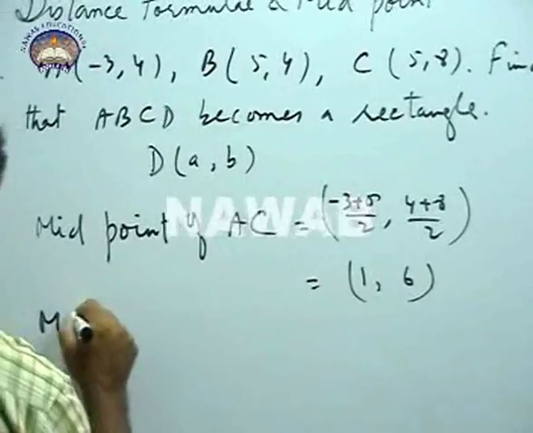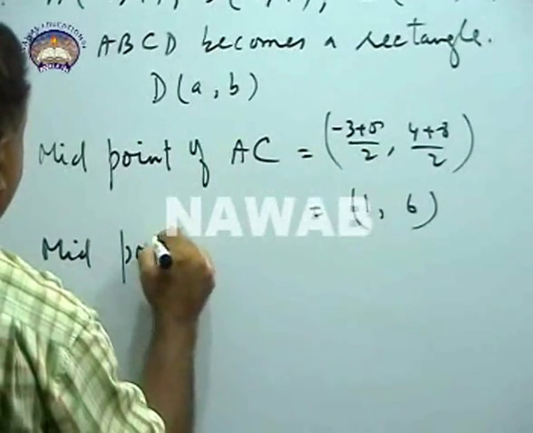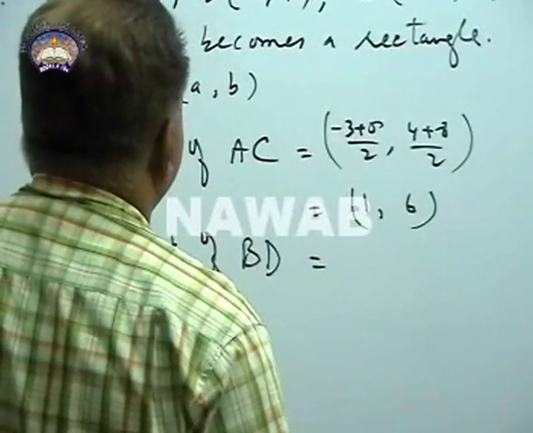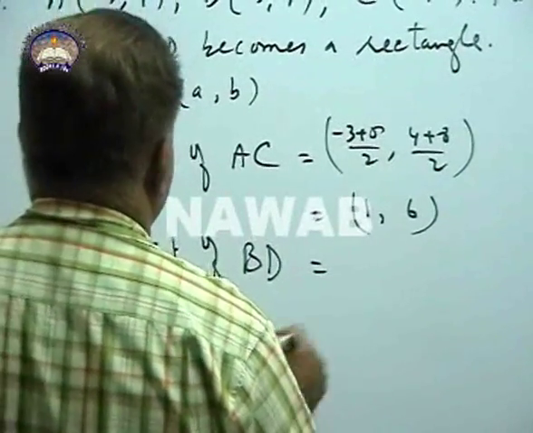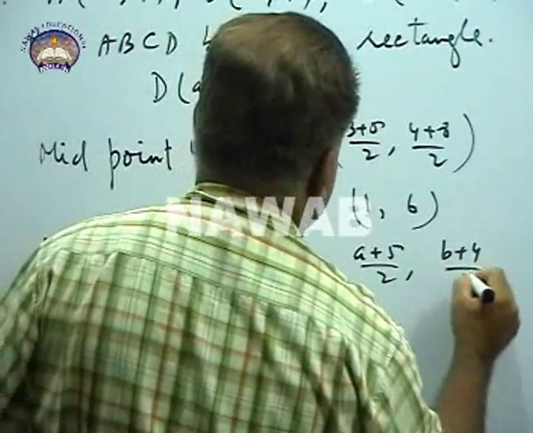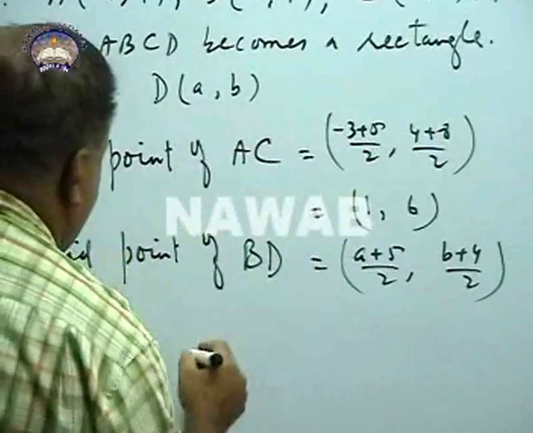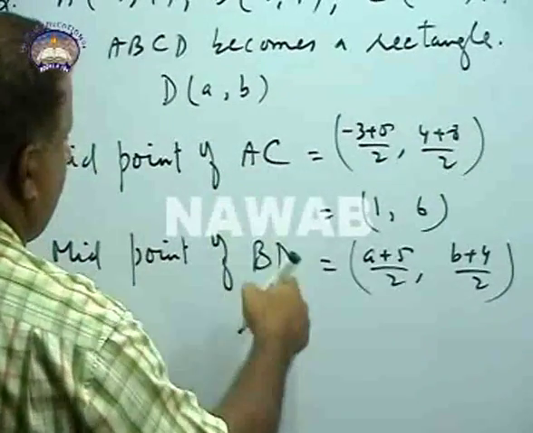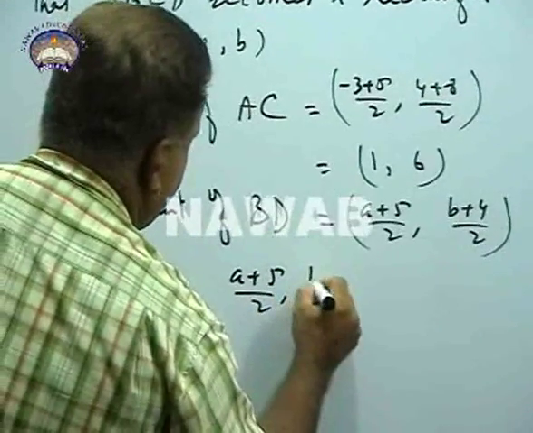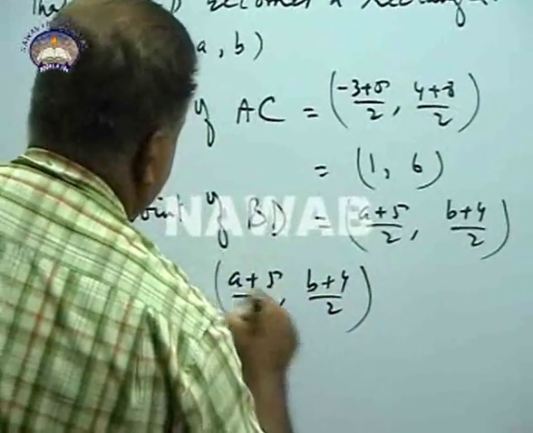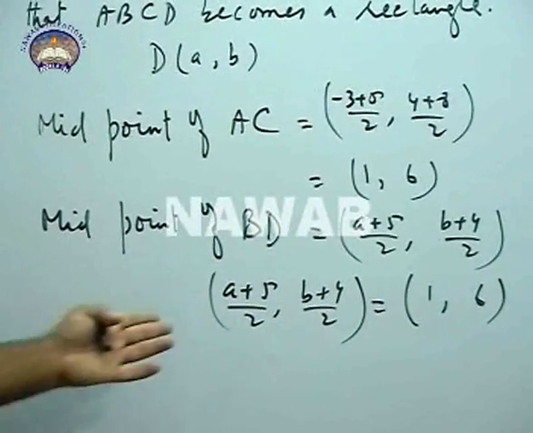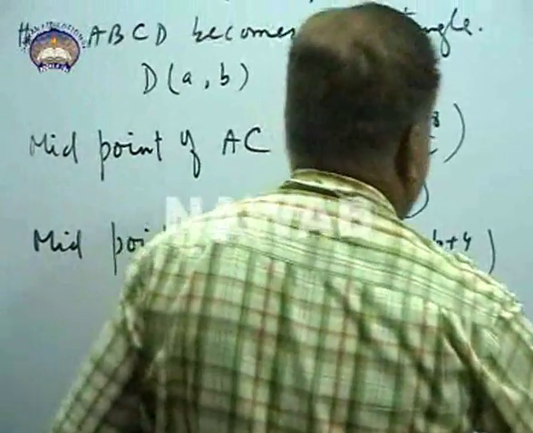Then midpoint of BD. Midpoint of BD will be a plus 5 over 2, b plus 4 over 2. As midpoint of AC and BD are equal, so by equating a plus 5 over 2, b plus 4 over 2 with 1 and 6, we can get the value of a from here.